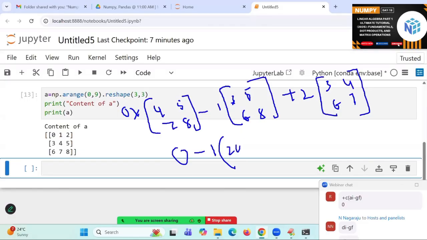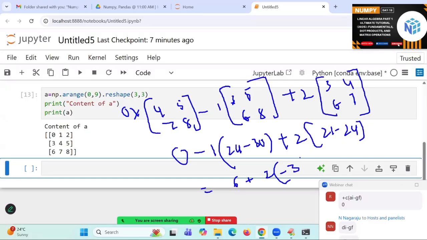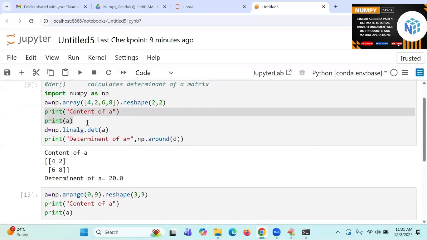What is this now? 24 minus 30, 30 plus 2 of 21 minus 24. What is the answer? Minus 6, minus 6. Are you okay? Next plus 2 into what is the value here? Minus 3. That is called 6 minus 6. What is the answer now? 0, 0.